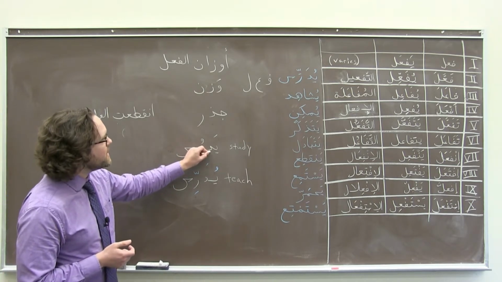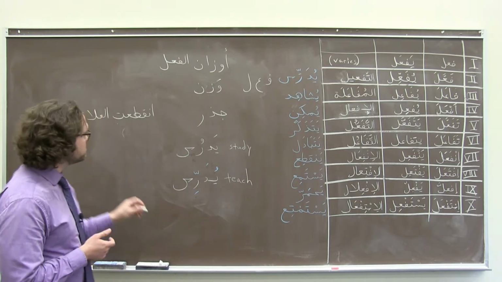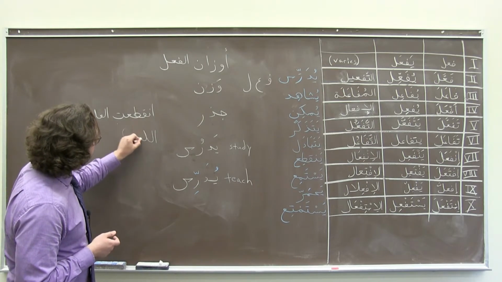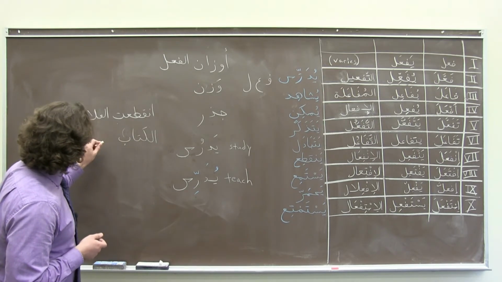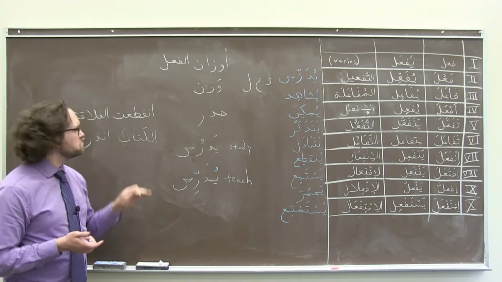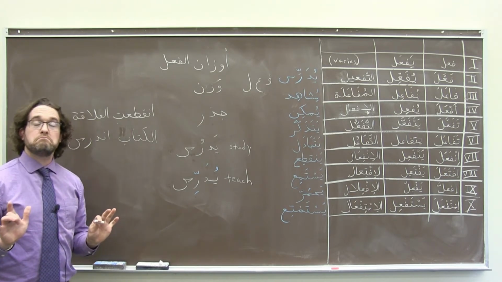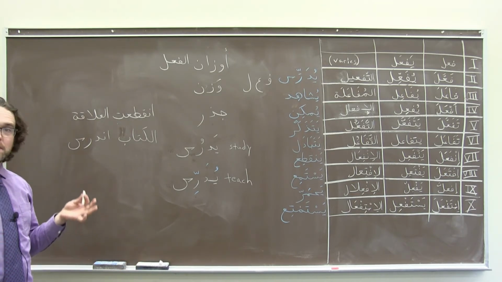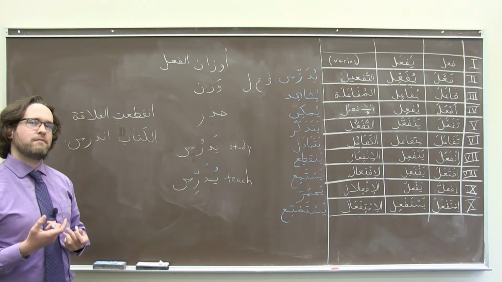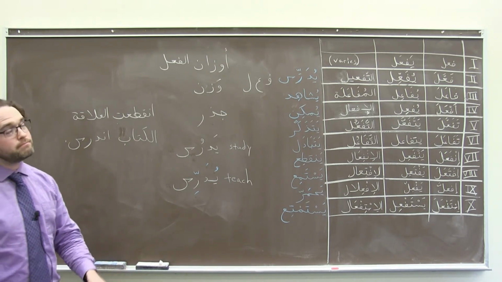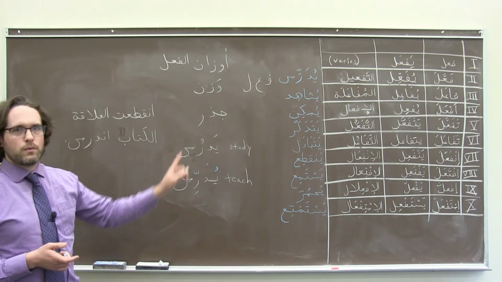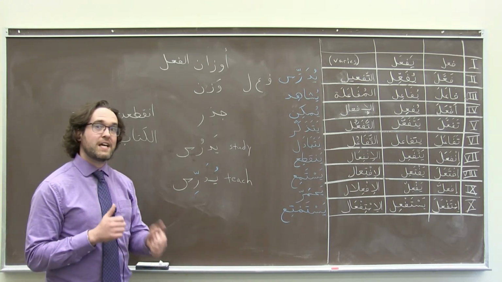If we took dal ra sin and put it into this pattern, I could say, for example, al-kitab indarasa. The book was studied. We don't know by whom, maybe not anyone in particular, but if I really don't want to take ownership of not having done my homework, John, did you study the book? Al-kitab indarasa. So the awzan allow us to play with language in this way and get very specific shades of meaning.